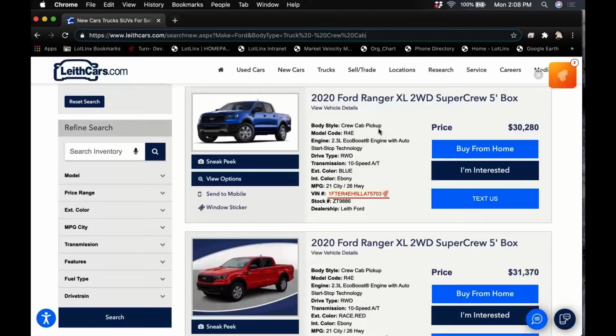This is called our Turn extension. What it will do when it's installed in, for instance, a dealer's computer, whenever they go to any website or web page with a VIN number in it, the VIN number will light up like this.